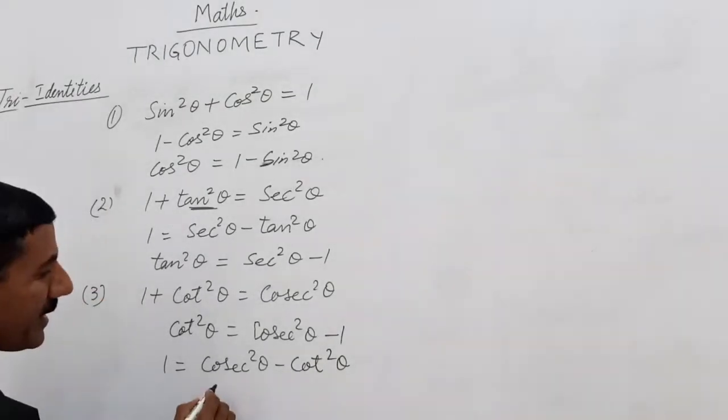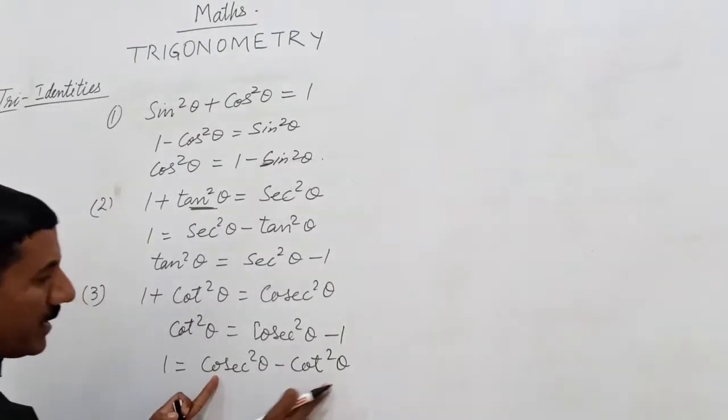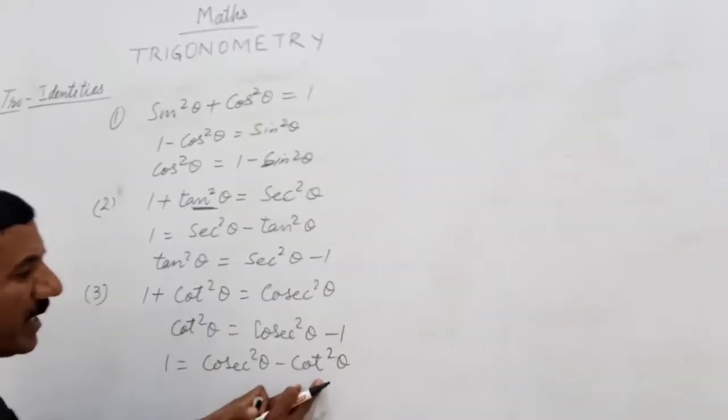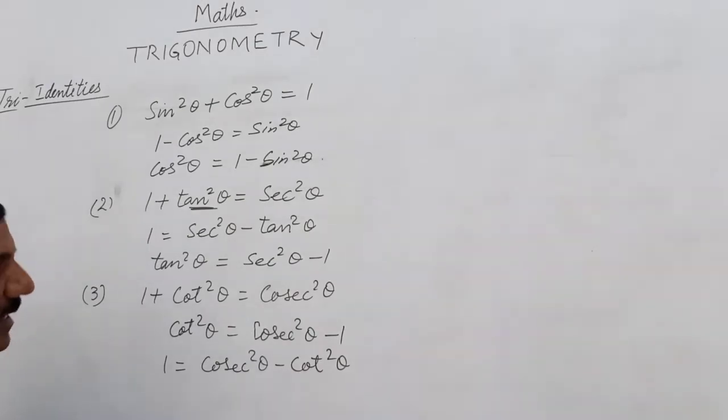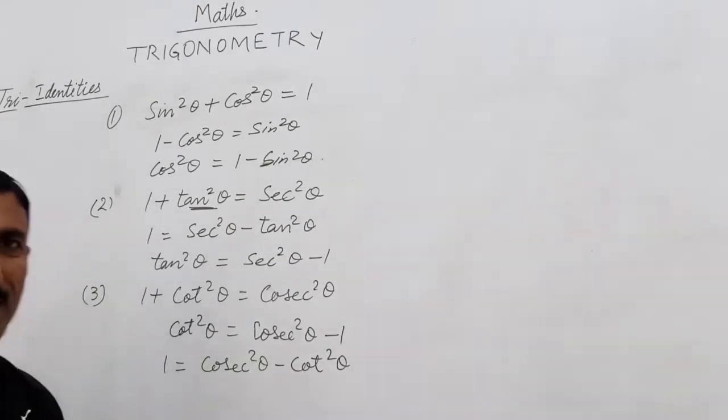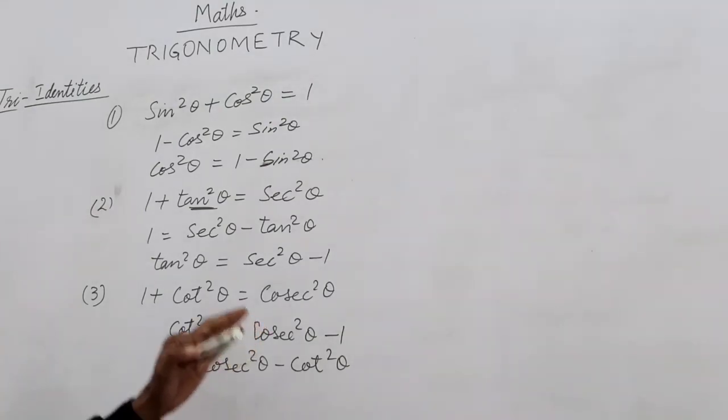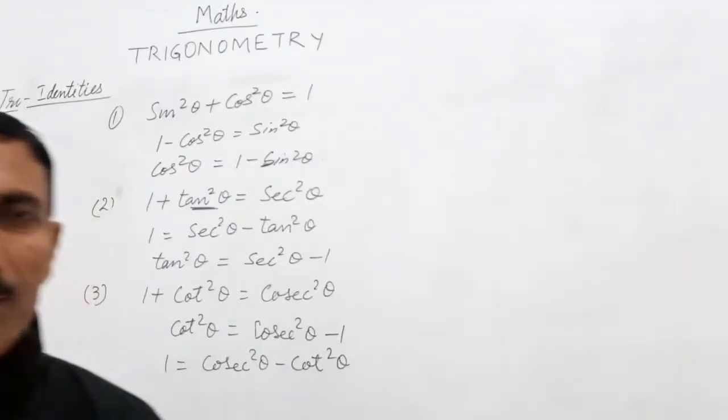And this can be factorized as cosec theta plus cot theta and cosec theta minus cot theta, by using the a square minus b square identity. Now we discuss some examples based on this.